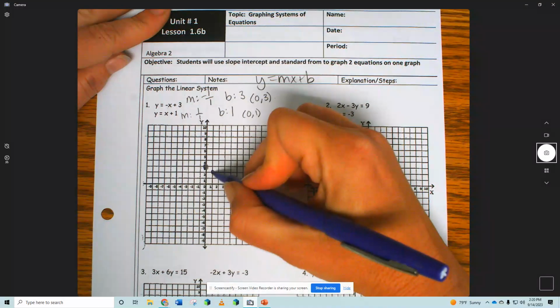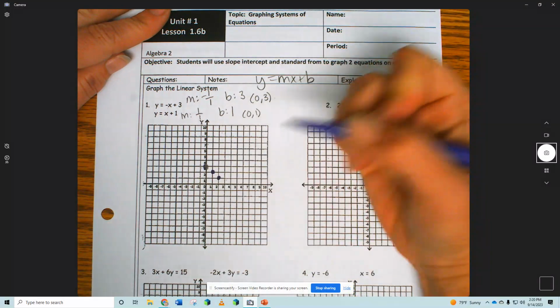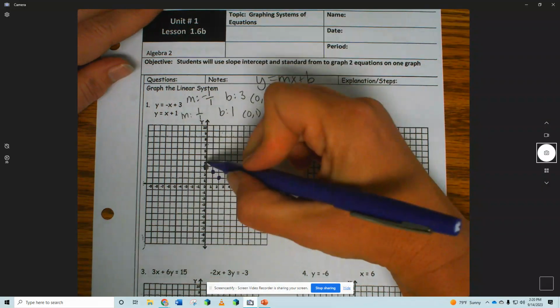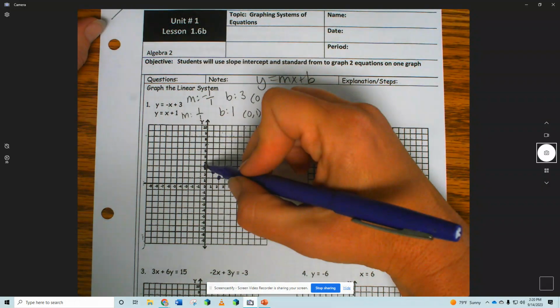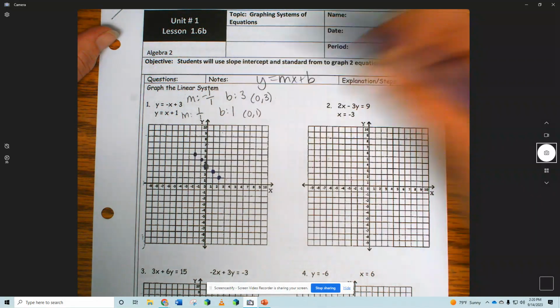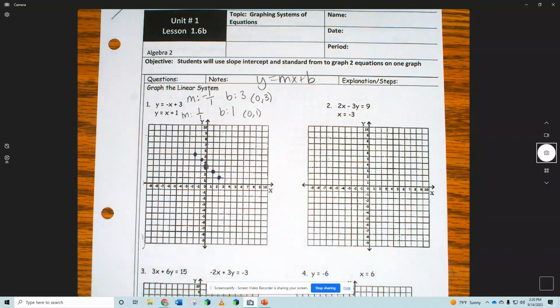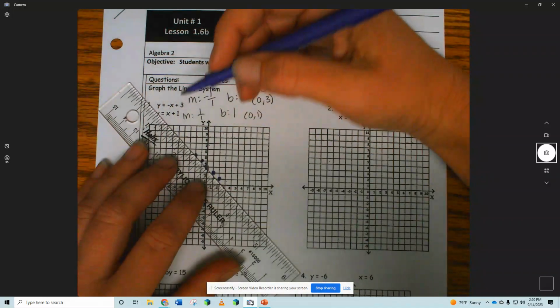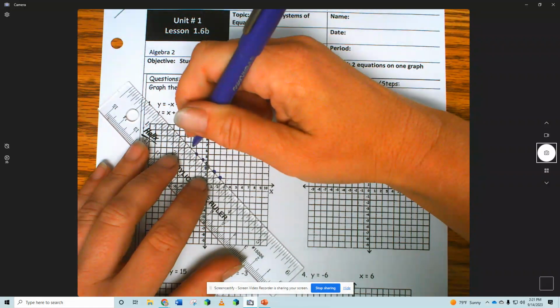Down 1 over 1. Down 1 over 1. I really do need you to reverse it because I want to see the left side. Reversing it means up 1, left 1. That's plenty of points. Draw the line. Connect the dots.